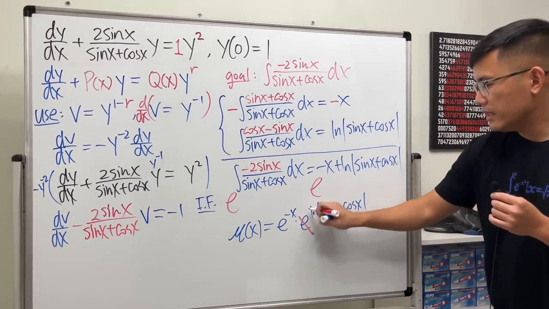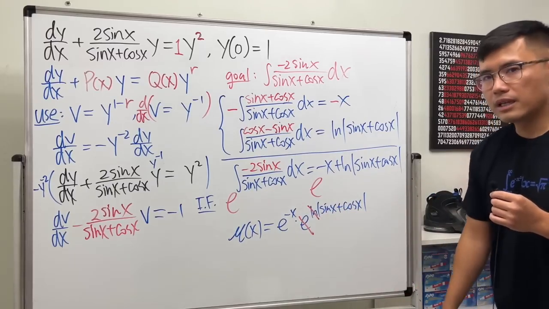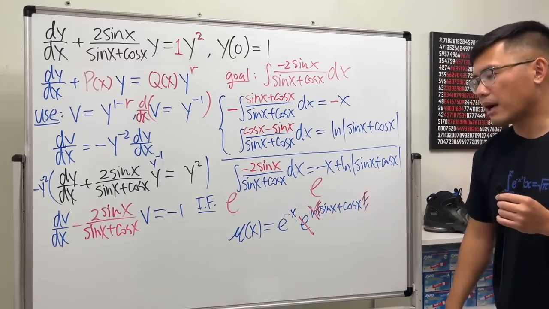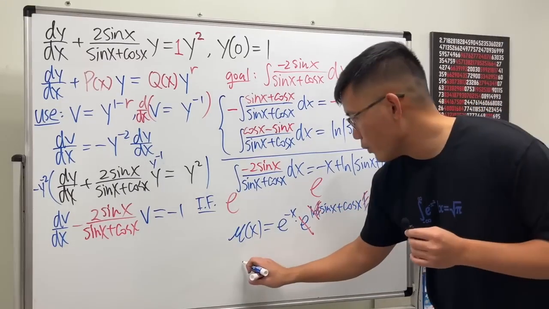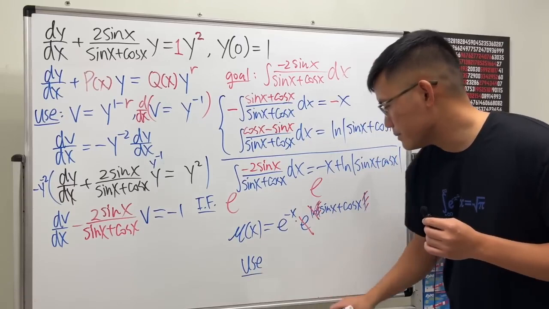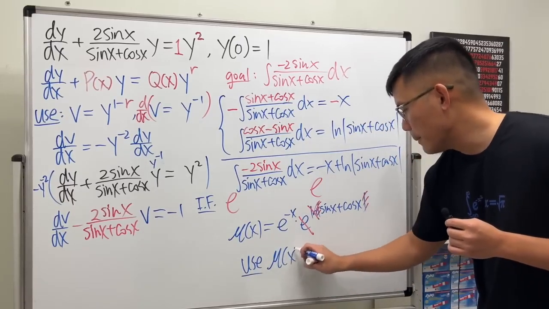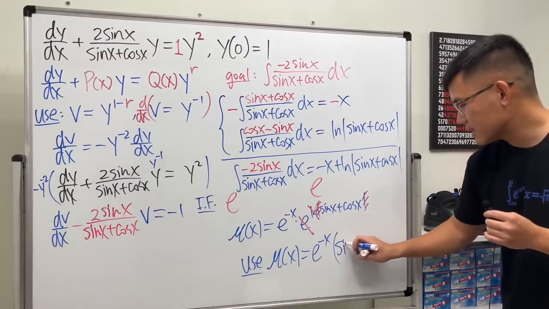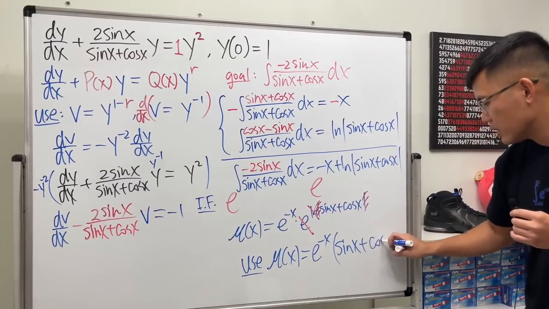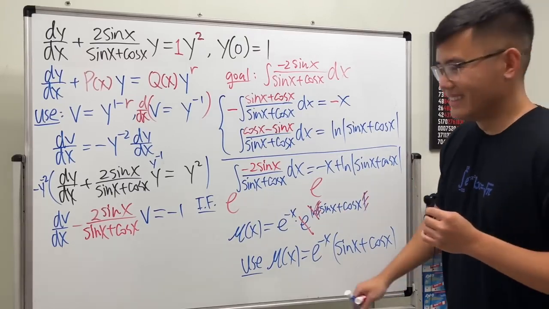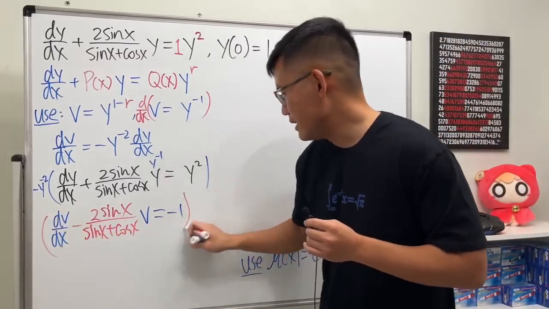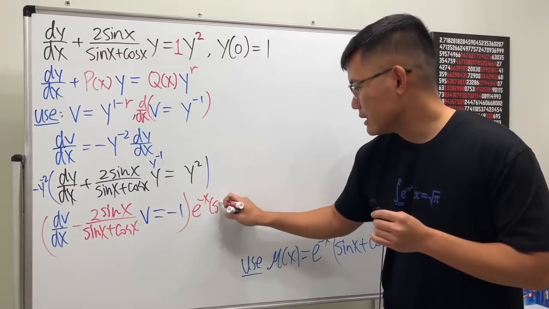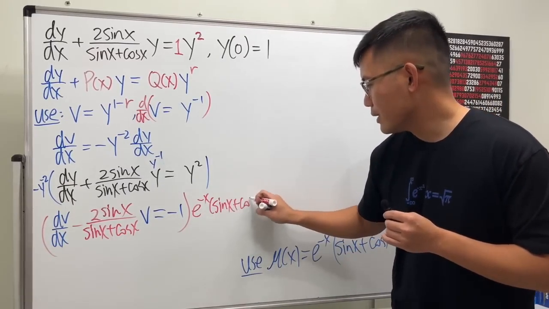And we see e and ln cancel, and just like our discussion earlier, the absolute value doesn't matter. Just take the positive version of that. So we're just going to say we will use our integrating factor being e to the negative x times sin x plus cosine x. Whew. So I'm just going to multiply everybody by e to the negative x times sin x plus cosine x.